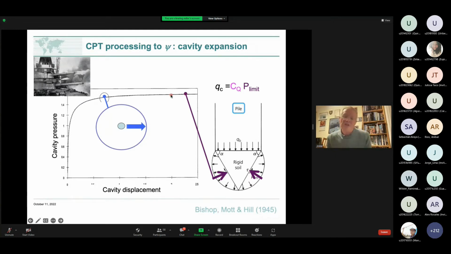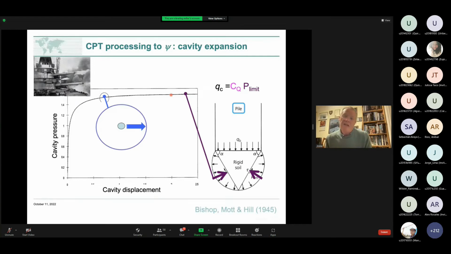You get a limit pressure because as the cavity expands, the area of the cavity is increasing because the circumference is increasing. So for any pressure, the load is increasing. But equally, the amount of ground or steel you're acting against is also increasing. And it gets to a point where the processes come into balance. And that gives you what's called a limit pressure.